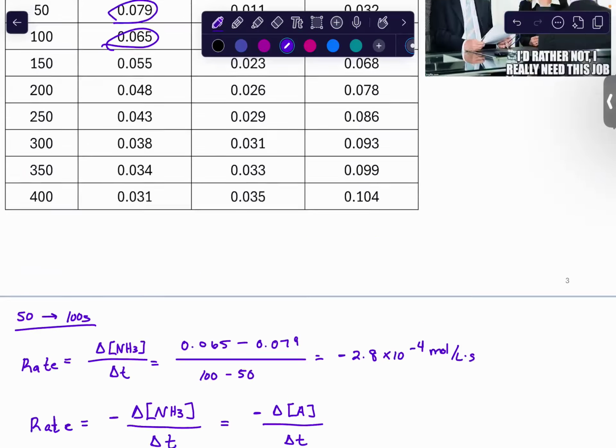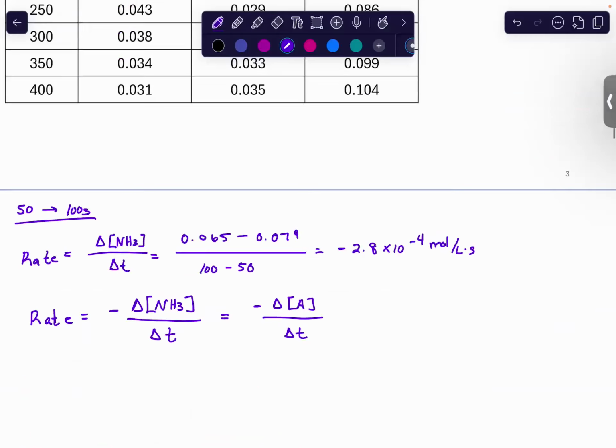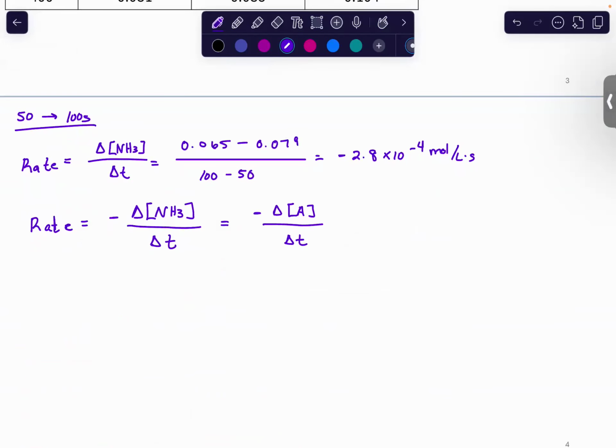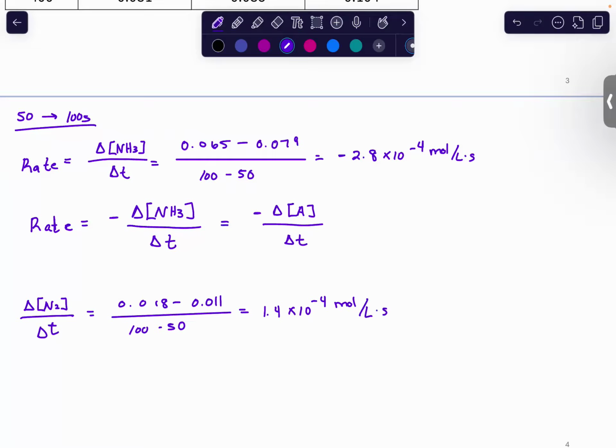Okay, but let's look at the appearance of both N2 and H2. Delta T. So we'll pull our numbers from the table. This is going to give us 1.4 times 10 to the negative fourth moles per liter times second.